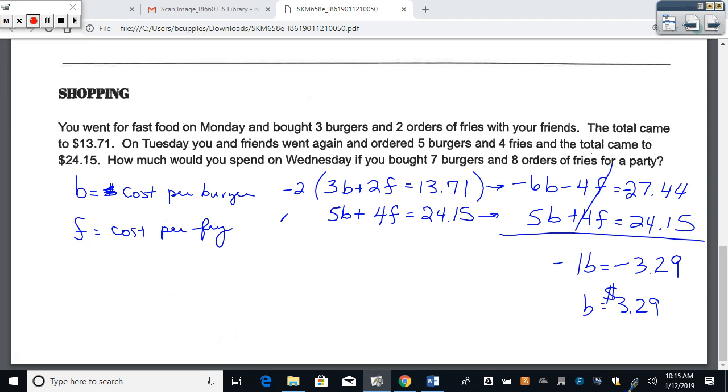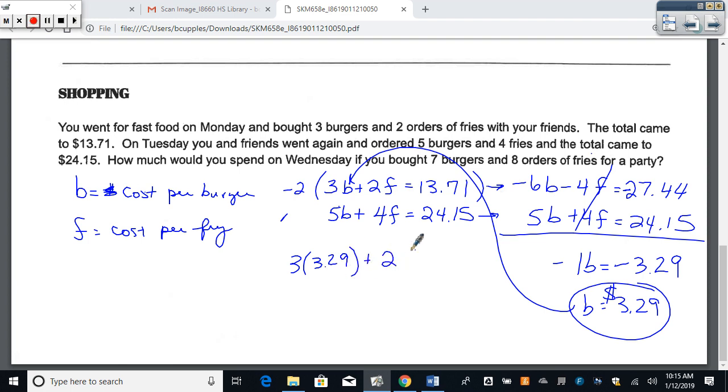So if I go ahead and plug that back in, I'm going to plug that back into the very first equation here. So if I do that, 3 times 3.29 plus twice the fries is equal to 13.71.